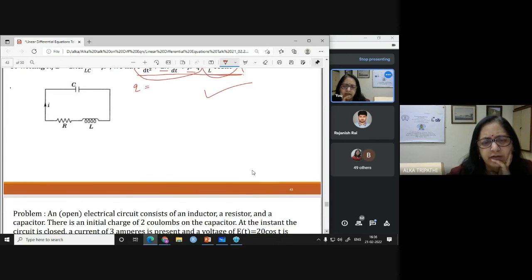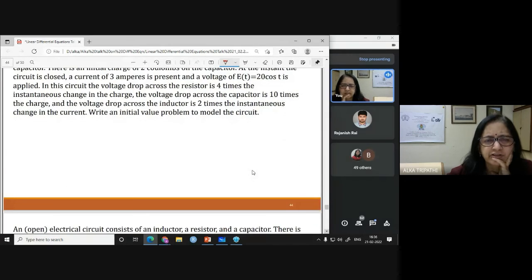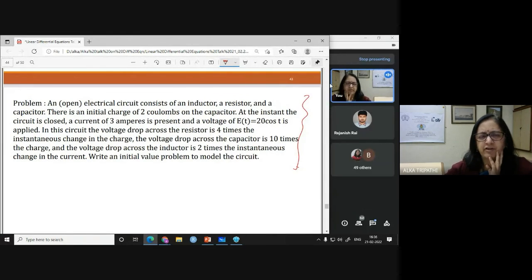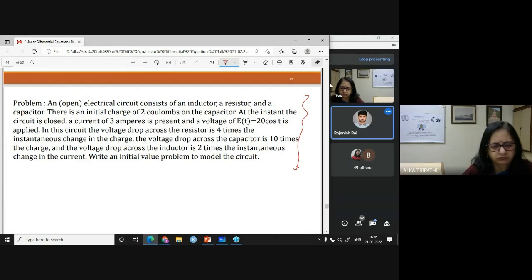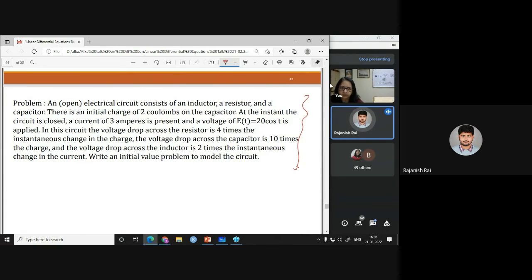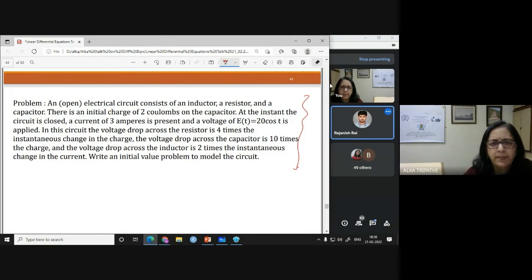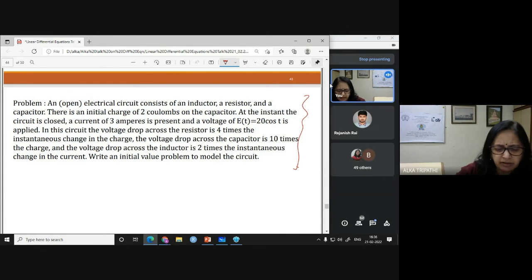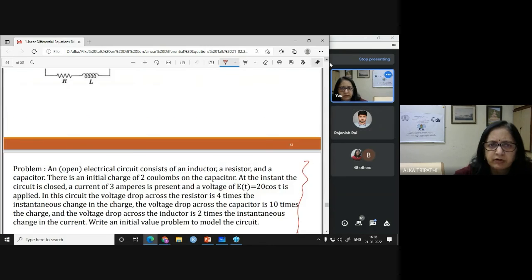But can you write the model for this one? Suppose I have this problem; read the problem and write the model for this initial value problem. This is an LCR circuit problem, with an external force also. What is the equation of the LCR circuit?